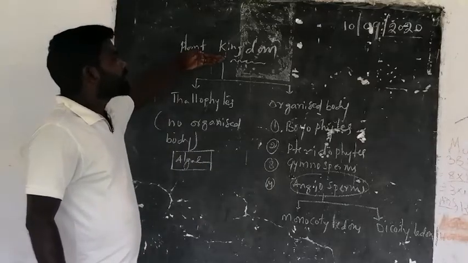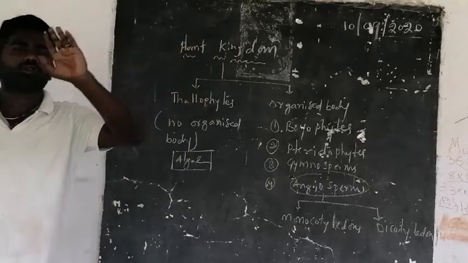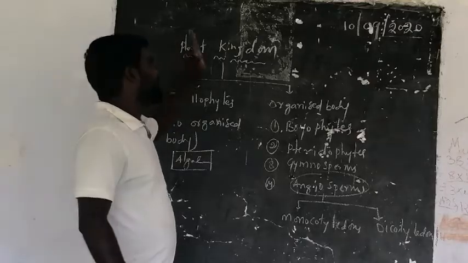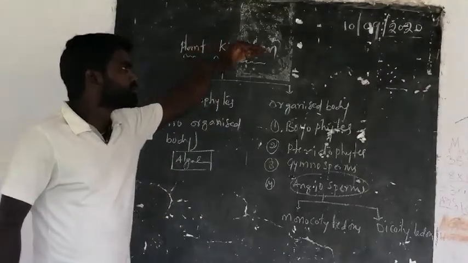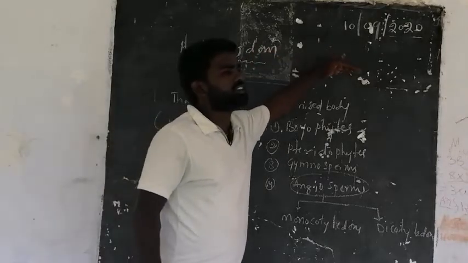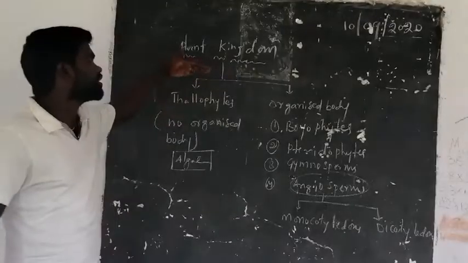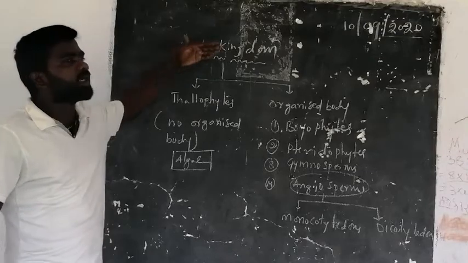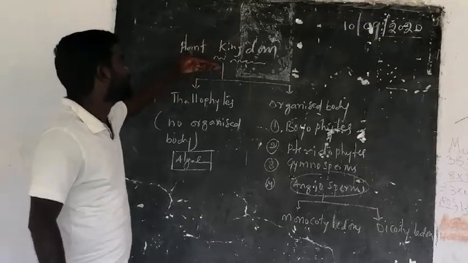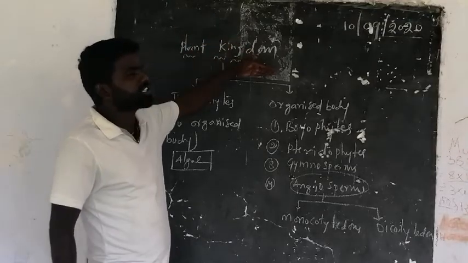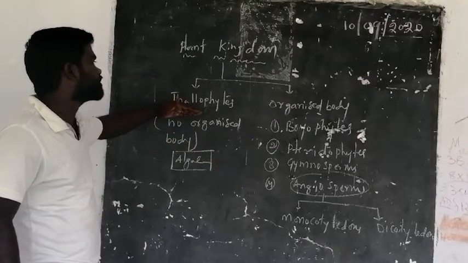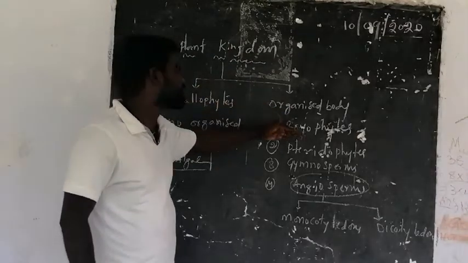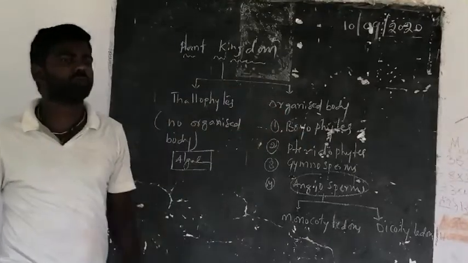In biology, two categories are there, botany and zoology. Botany deals with the study of plants, zoology deals with the study of animals. All the plants are categorized under the plant kingdom. The plant kingdom is divided mainly into thallophytes, bryophytes, pteridophytes, gymnosperms and angiosperms.